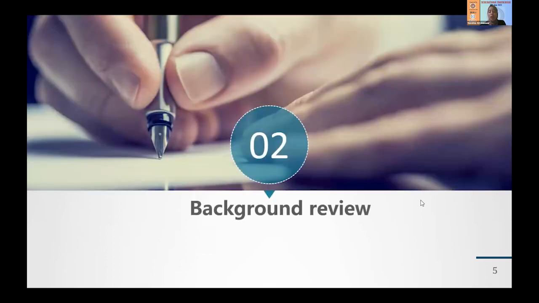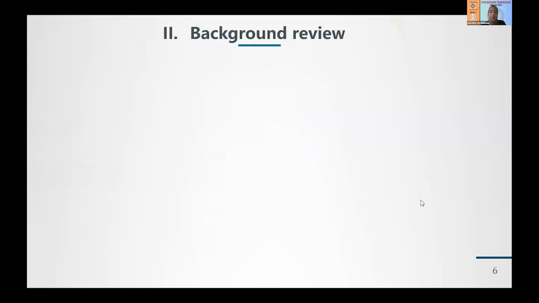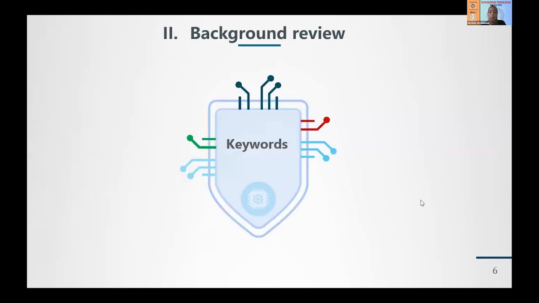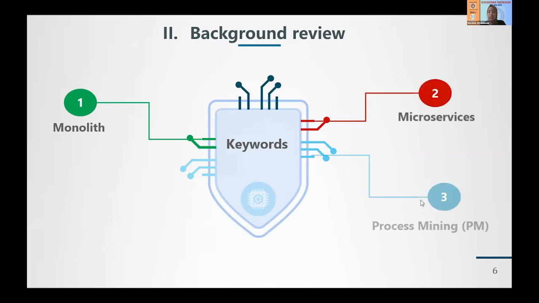Before talking about our approach exactly, we will give a definition of all the keywords that we will use. To do this decomposition of the monolithic application to microservices, we need to define what a monolith is and what microservices are, and we will define process mining as well. So let's get started with the monolithic application.